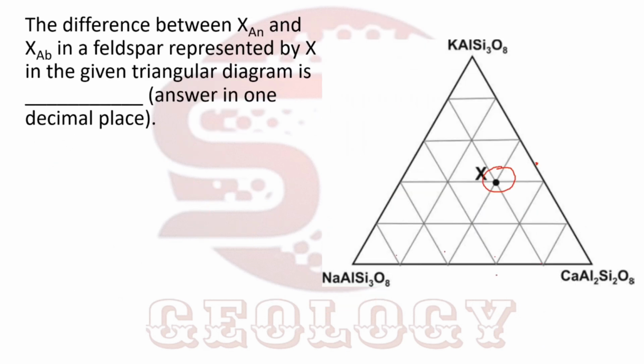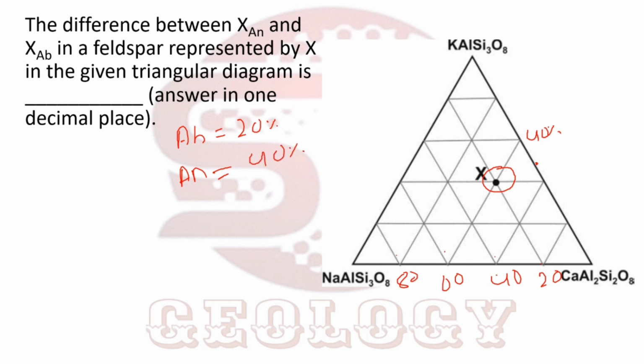So to calculate the difference between XAN and XAB at X point. At X point, the value of albite is 20%, and you see 20, 40, 60, 80, 100, and at X point the value of anorthite is 40%.